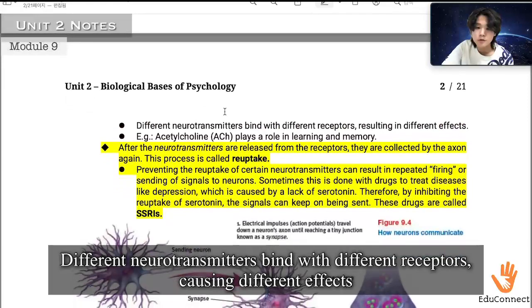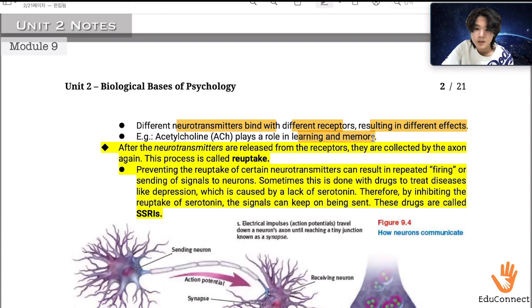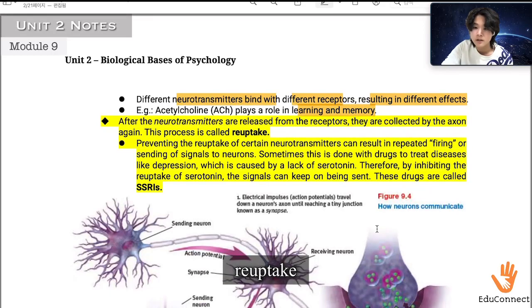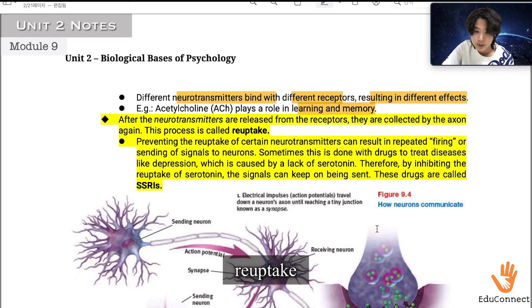And different neurotransmitters bind with different receptors, resulting in different effects. For example, a neurotransmitter called acetylcholine plays a role in learning and memory. So after the neurotransmitters are released from the receptors, they are collected by the axon again, and this process is called reuptake.